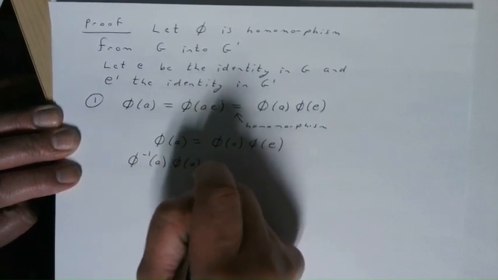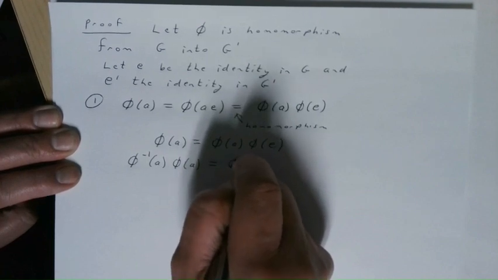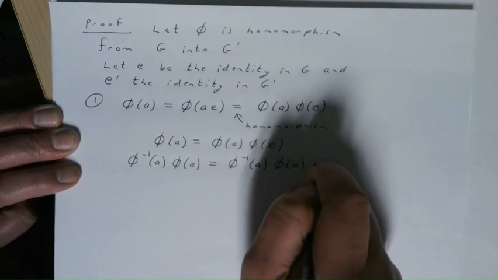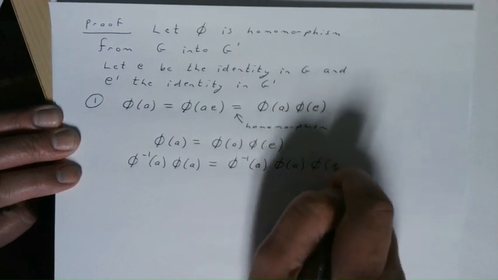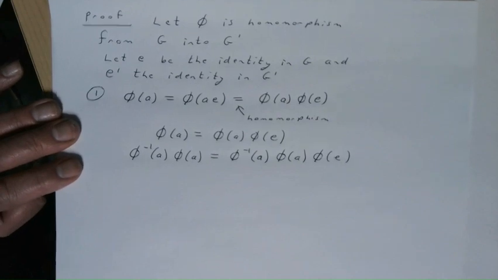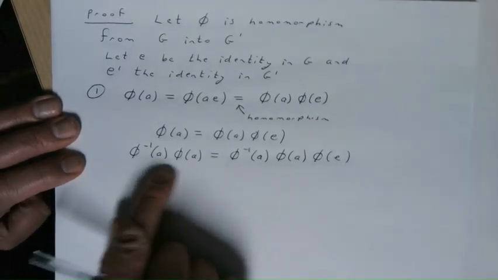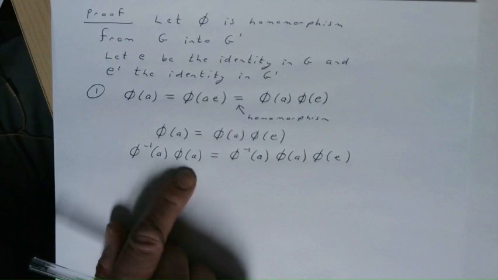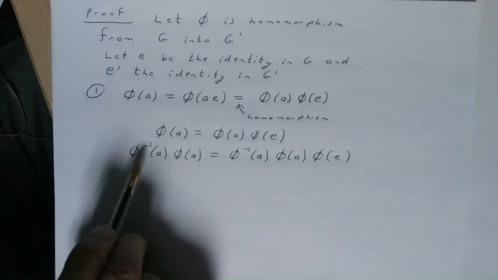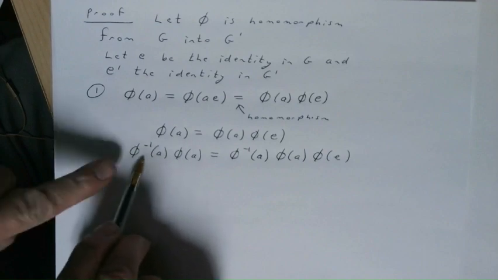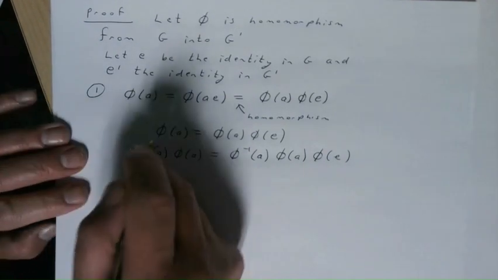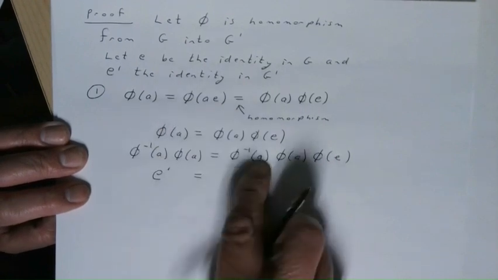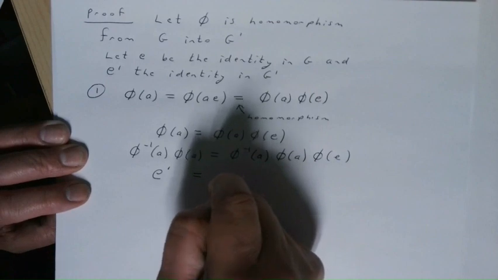phi inverse A, phi A equals phi inverse A, phi A, phi E, like this. Now, this right here is going to be the identity in G prime because we have the two functions, and these are actually the two functions. So this is going to be E prime, and this is going to be E prime.